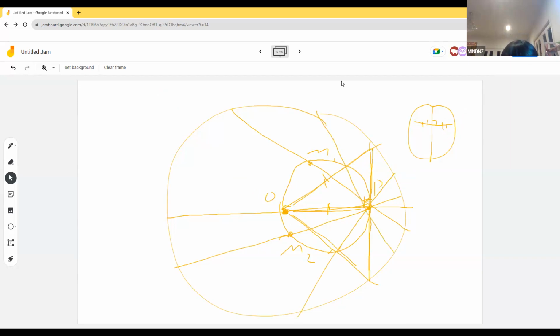So now what we want to prove is that for any chord, for example this chord, its midpoint, which we'll call M1, is on the circle with OP as its diameter. There are infinite circles with these points on them, but there's only one circle with OP as its diameter.